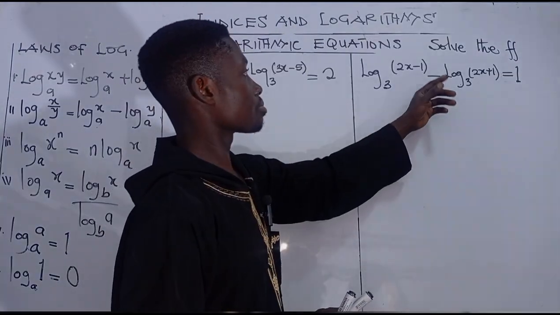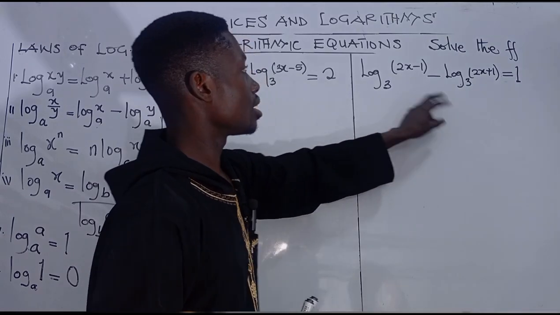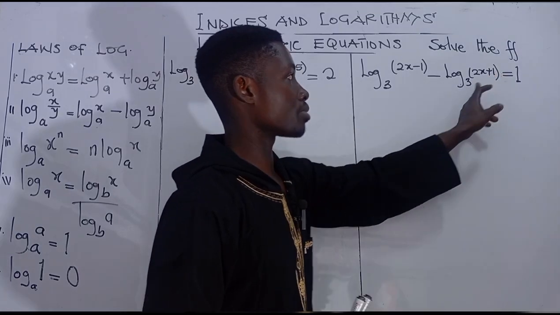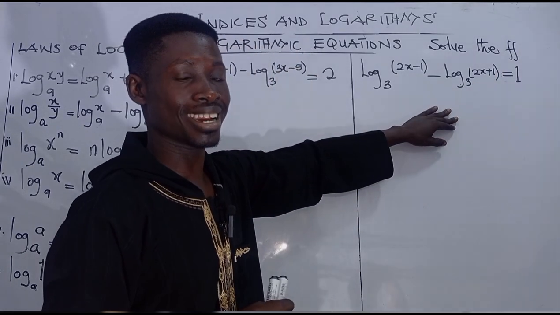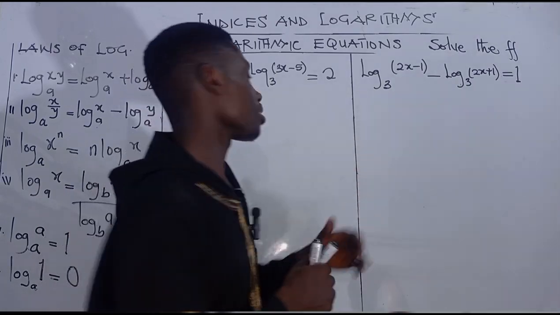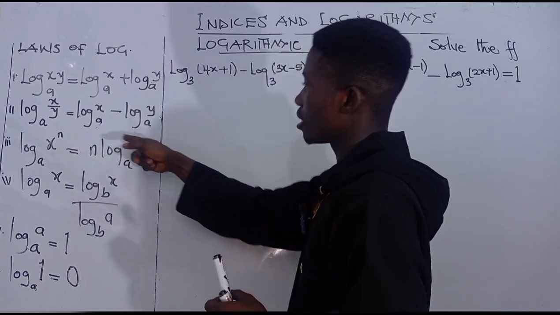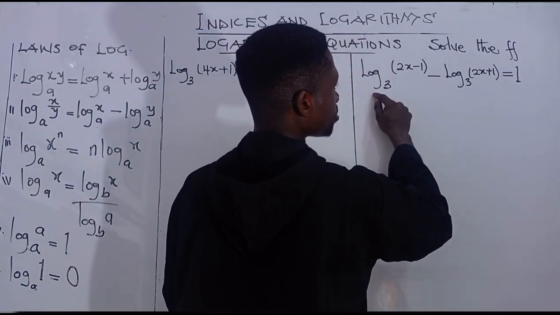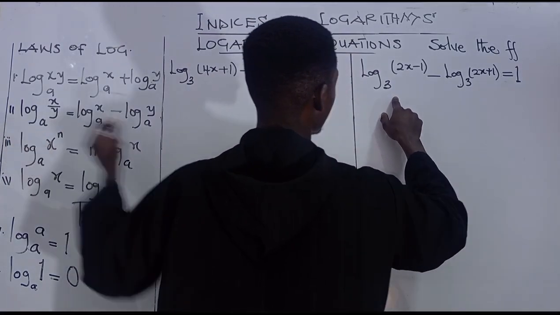We want to find the value for x that satisfies this logarithmic equation. Log of 2x minus 1 to the base of 3 minus log of 2x plus 1 to the base of 3 giving us 1. So with this, we can apply the division law for logarithm. And this is the division law. So you can write the whole of this as that, in this very form.